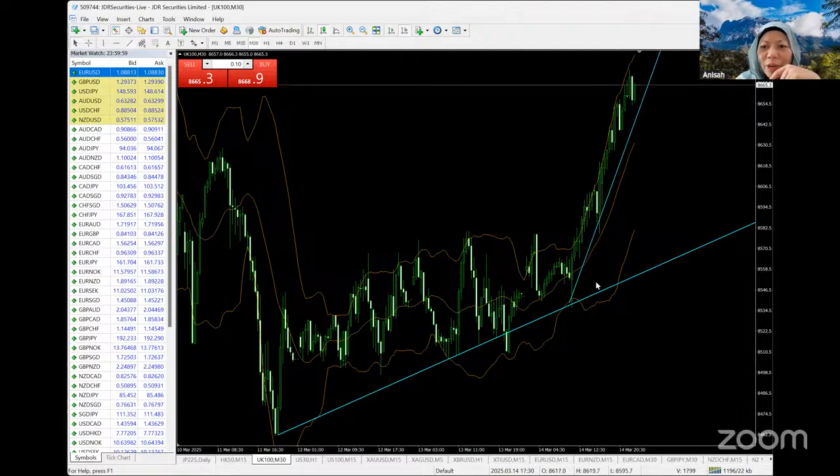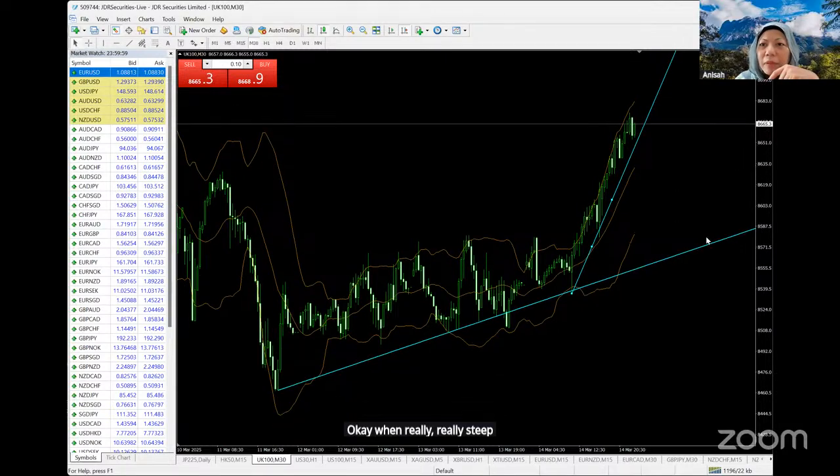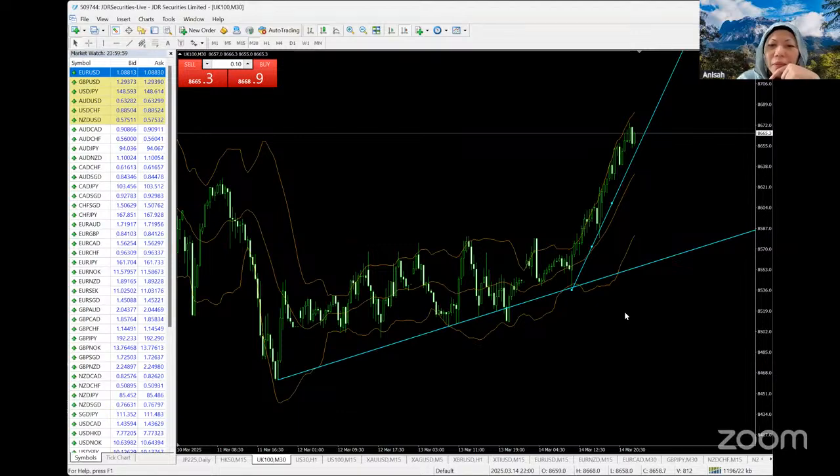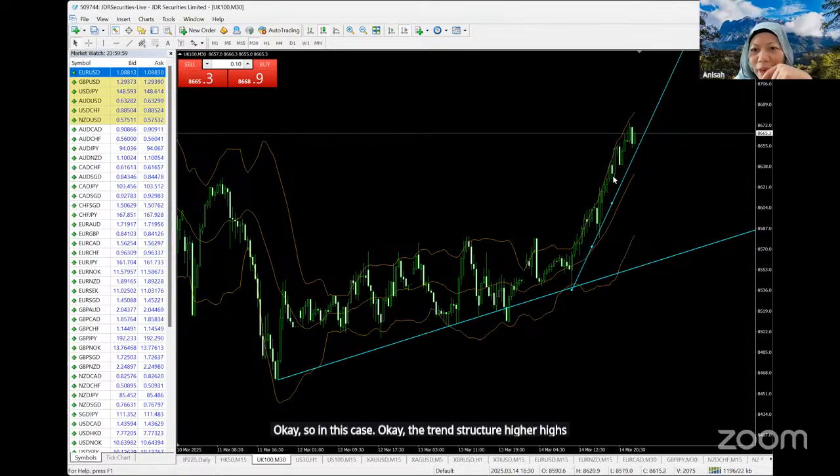It went really, really steep. The trend structure is higher highs, higher lows, higher highs, higher lows, higher highs, higher lows. This could continue.